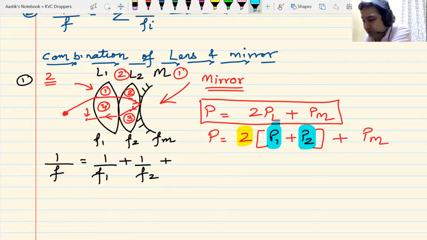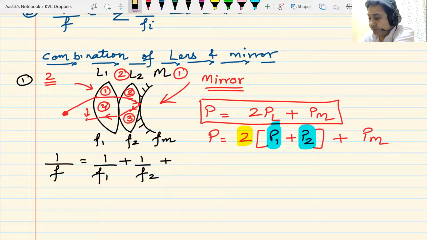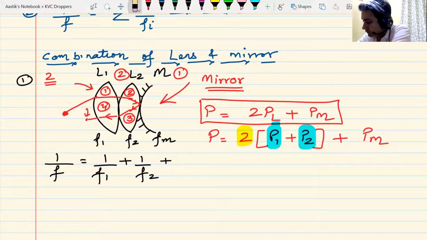Why are both the powers multiplied by 2?